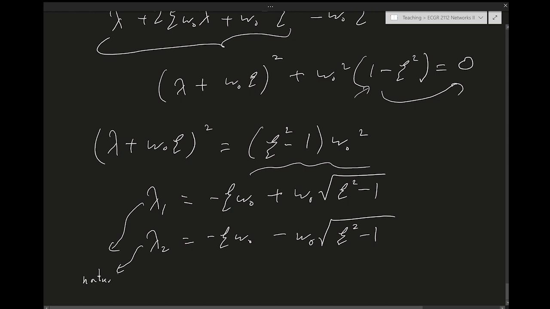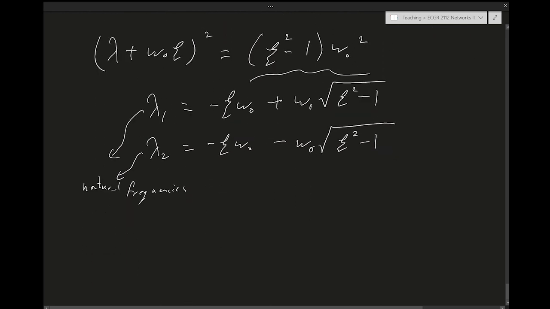Those are called natural frequencies of the system, and they're called frequencies because it will turn out that under some conditions, those represent oscillation happening in the system. Nomenclature: omega naught is called the undamped natural frequency.